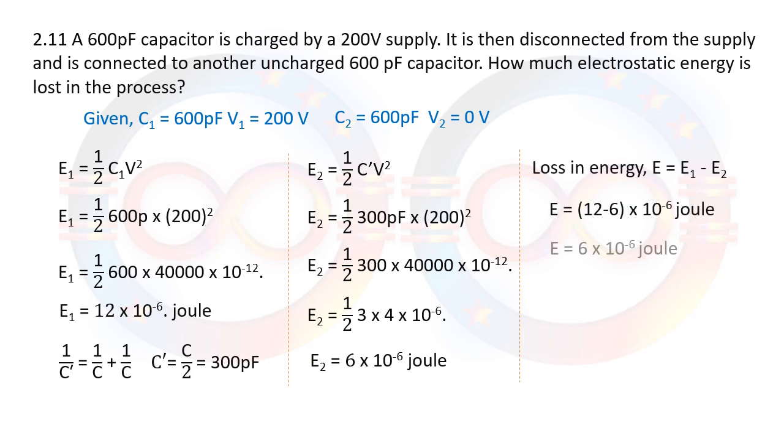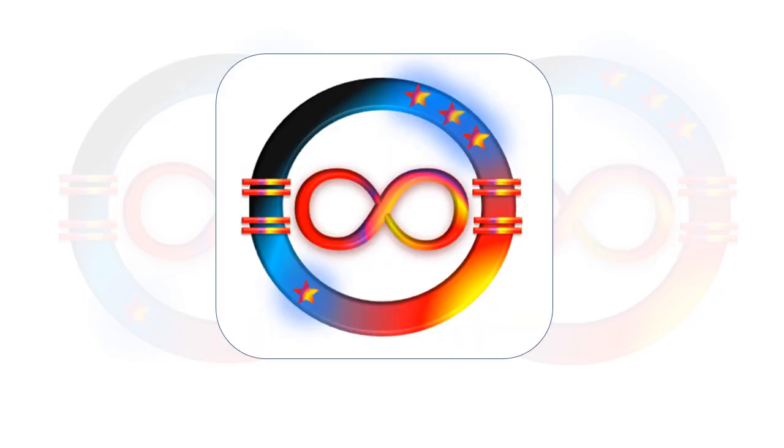So E1 minus E2, 12 minus 6, and it is nothing but 6 into 10 raised to minus 6 joule. So this is another way for this particular question, because we must know, but the previous one you can solve by the sharing of charge, and how much loss in energy occurs, you can see the final formula in the sharing of charge. Thanks for watching.